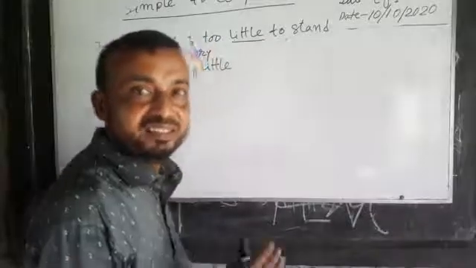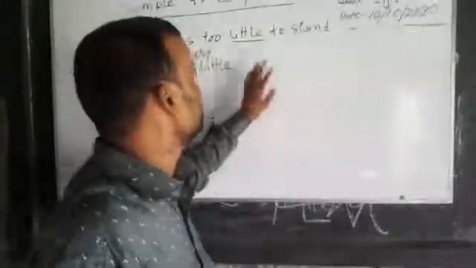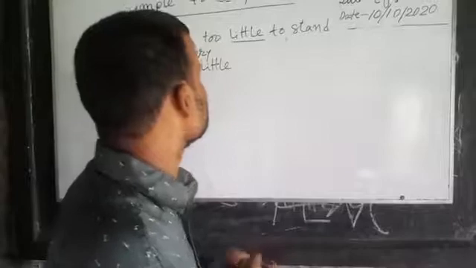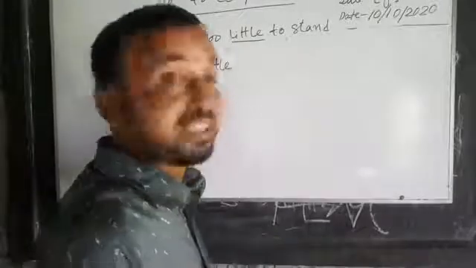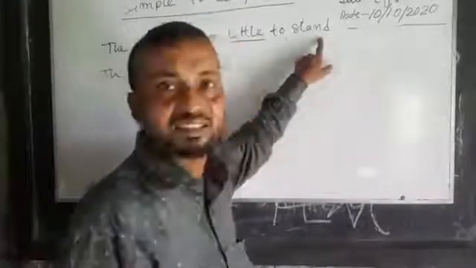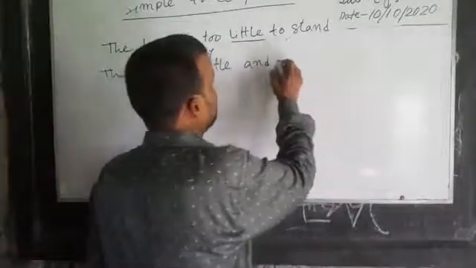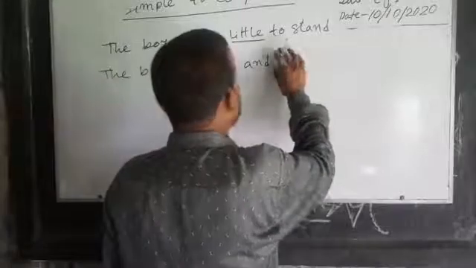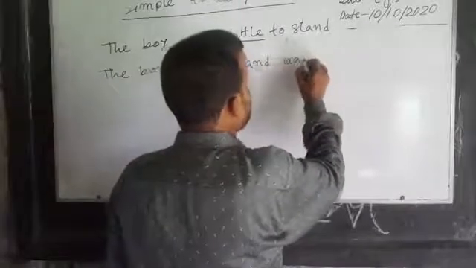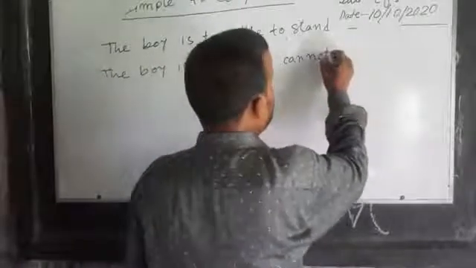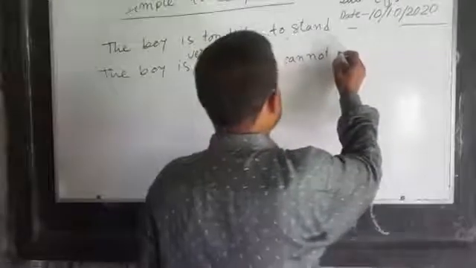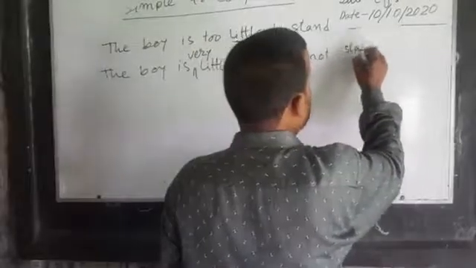The boy is very little and so he cannot stand, so we have to use and here. Again the subject is the same, so we don't use the subject here: cannot stand.